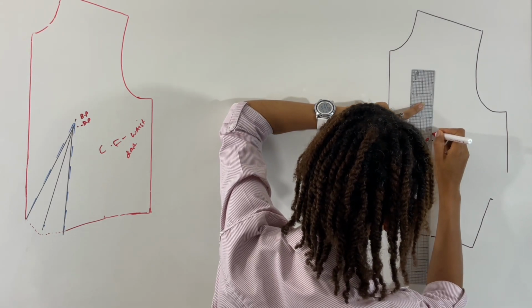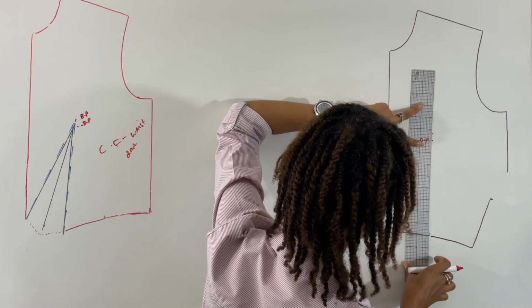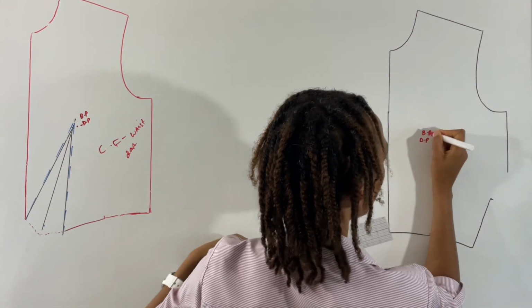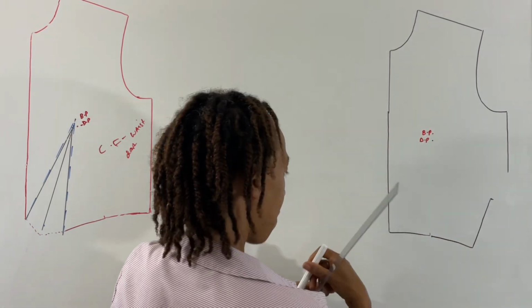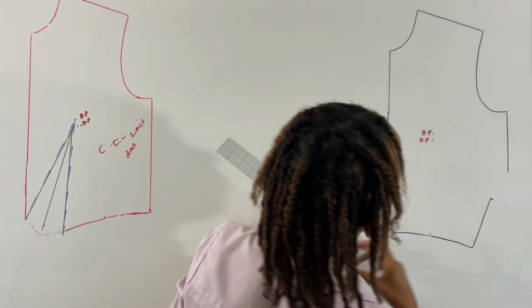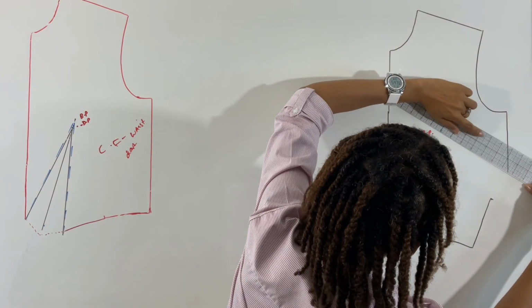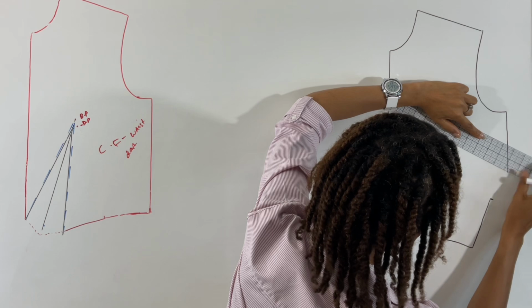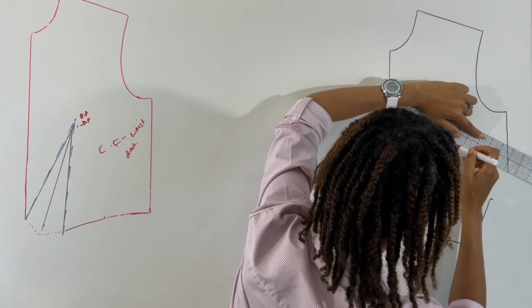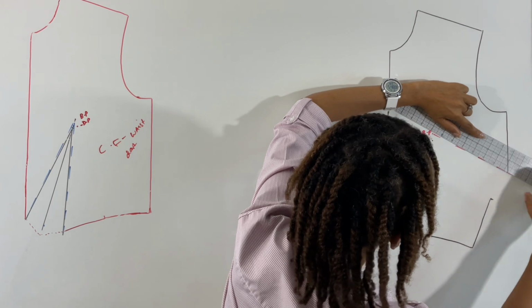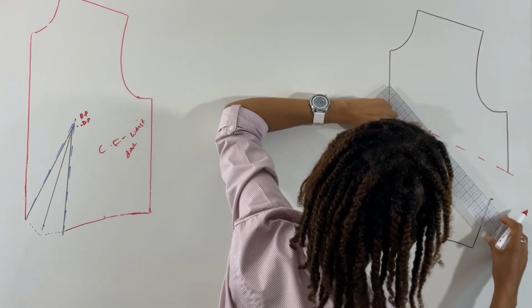That would take you right here. Okay, this would now be your bust point. So because that is your bust point, you need to connect that to the side, and we can use dash line here. Okay, and you can do the same thing here.